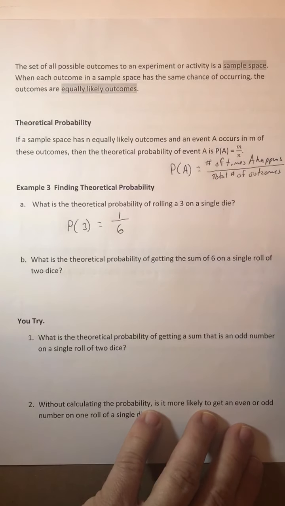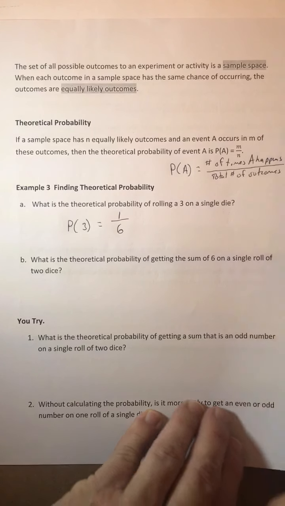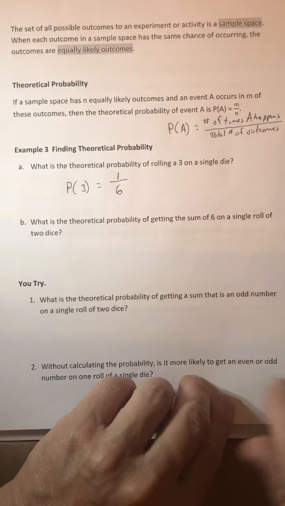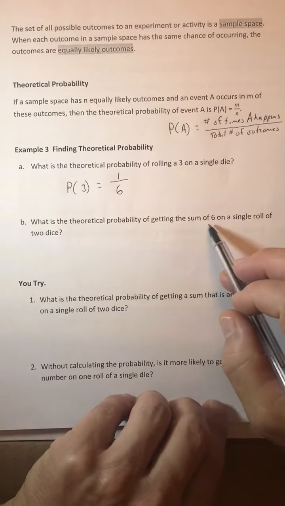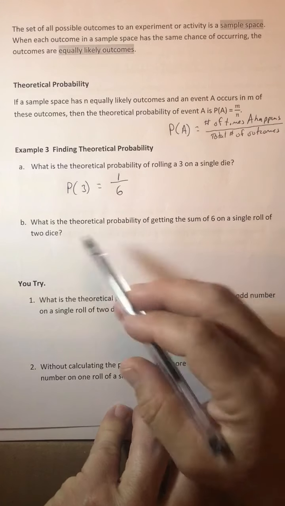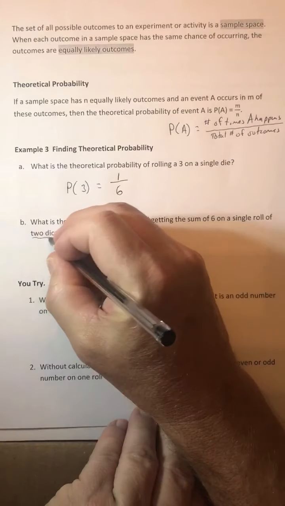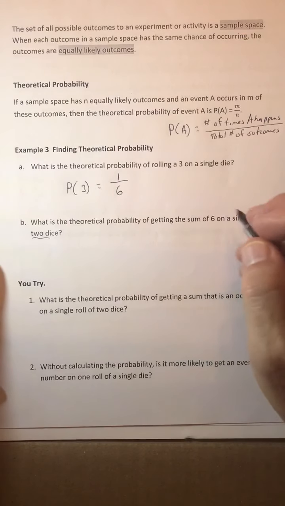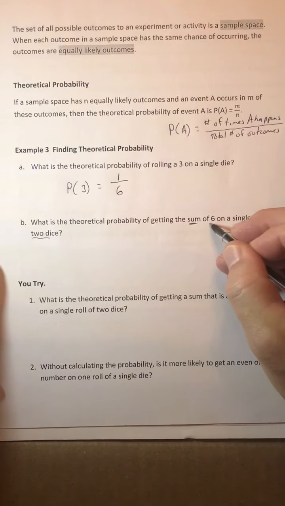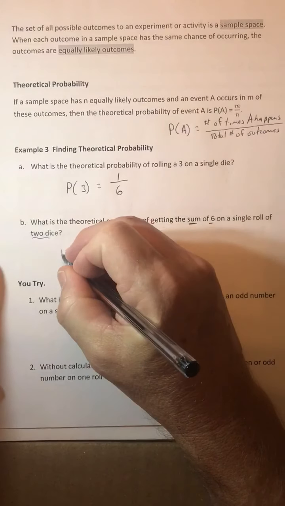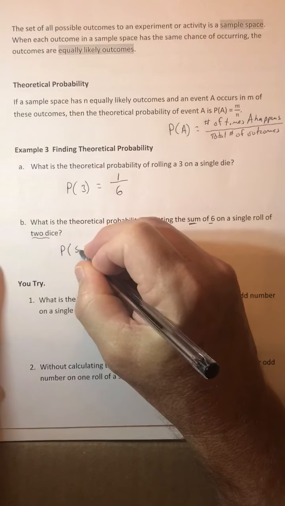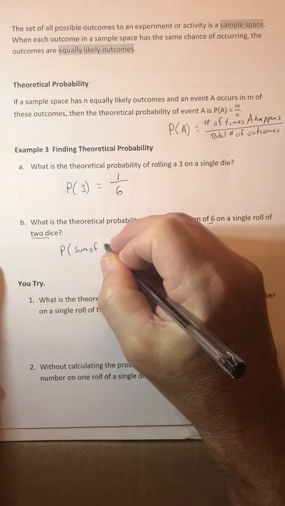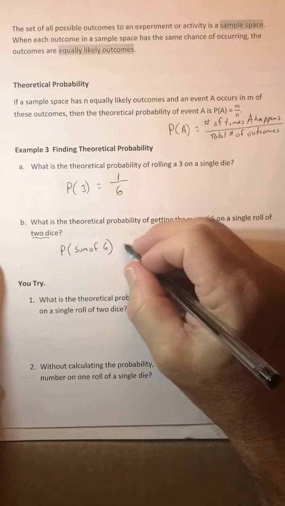And that's the theoretical probability, 1 out of 6, right? So what's the theoretical probability of getting the sum of 6 on a single roll of 2 dice? Now we have 2 dice this time, and we want the sum of 6.